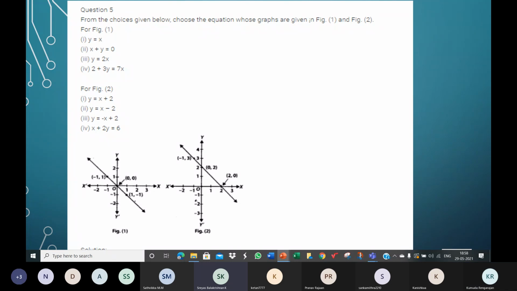Ma'am, for the second one, y is equal to x plus 2. You may have to think again. For which one, ma'am? The second one.